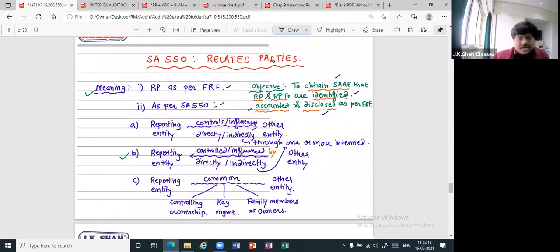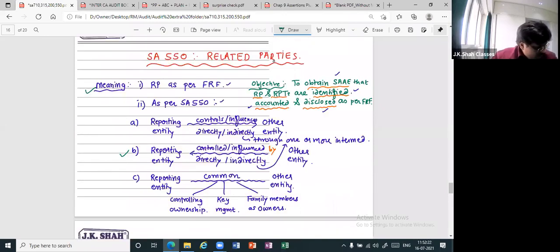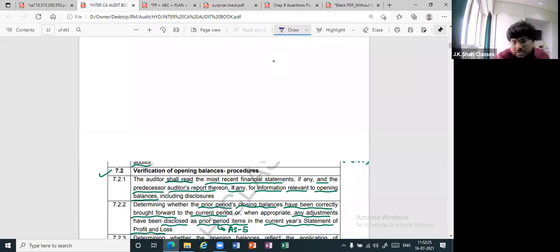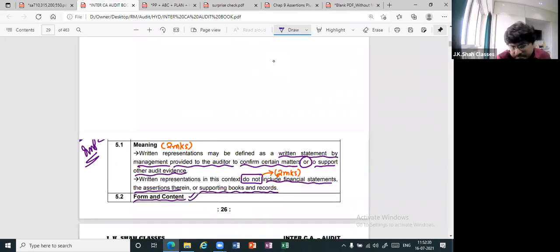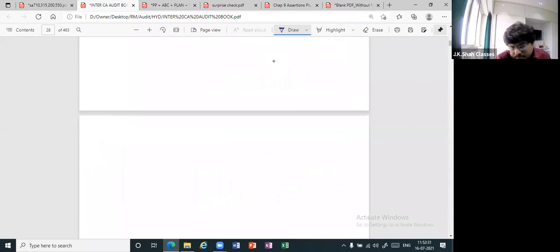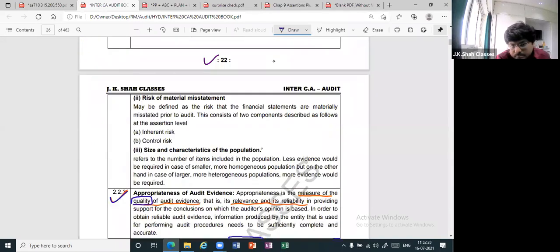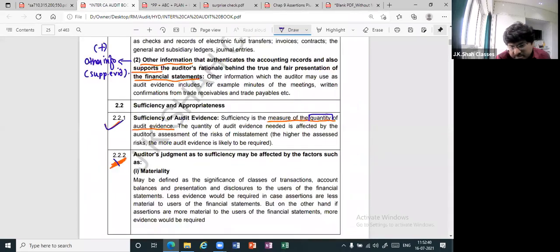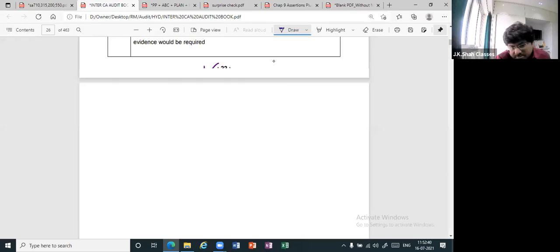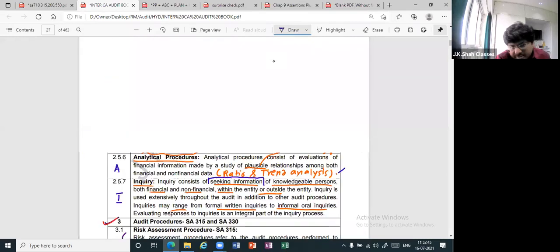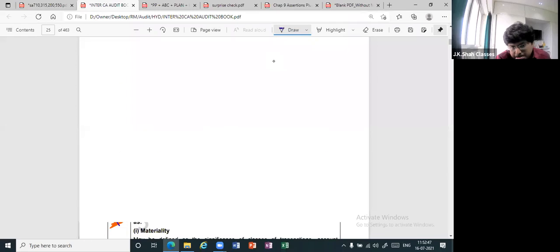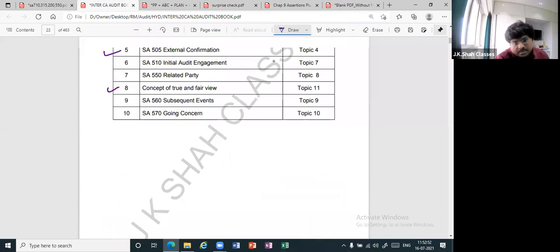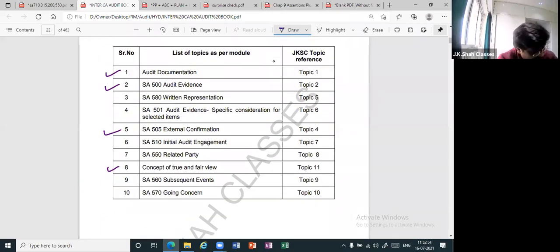Manageable, yeah. Okay. With this, can I say definitely we have finished SA 550? Come to the beginning of chapter 3. So much we have done here. Audit documentation is covered by SA 230.